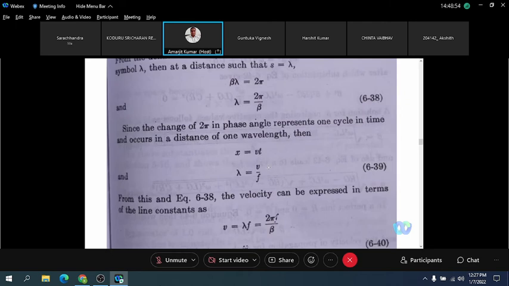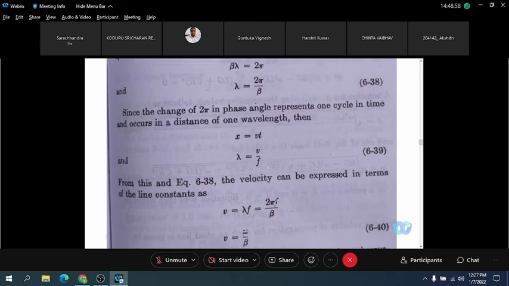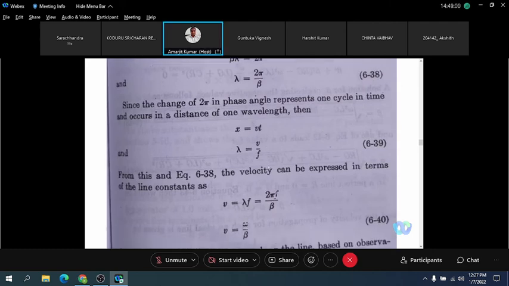Okay, and what about velocity? In terms of the transmission line constants, what will be the velocity of the wave? Because the electric field, voltage and current have the waveform. So basically, velocity will be equal to lambda into f.